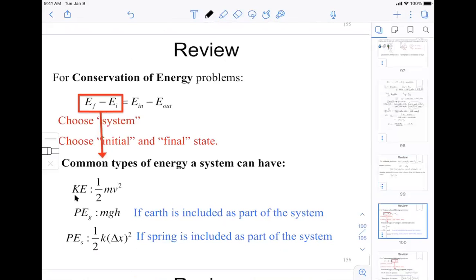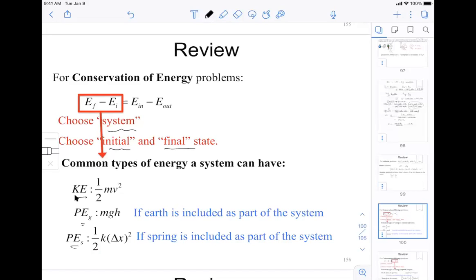For conservation of energy type of problems, a lot of times these collision problems have a second part that uses conservation of energy, right? So E final minus E initial equals E in minus E out. So again, remember to choose your system and define your initial and final state, right? The common types of energy a system can have are kinetic energy, gravitational potential energy, or elastic potential energy.